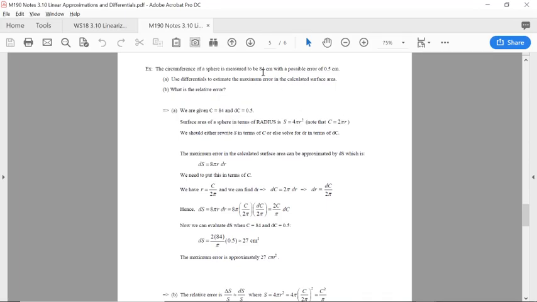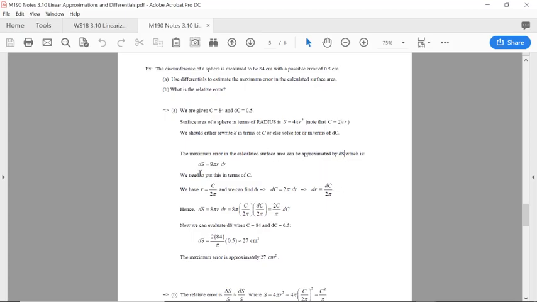But if the actual circumference was something like 84.3, because that's within the error bounds, then the actual surface area would be different than the surface area we'd be calculating. And if we found the difference between those two surface areas, that would be a delta S, the actual error in our measurement. The delta S can be approximated by the differential dS.